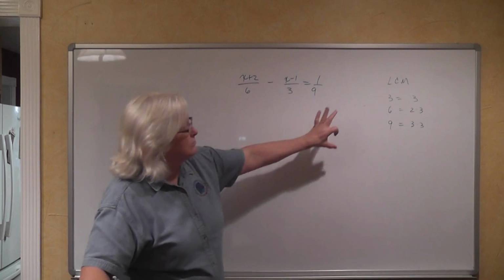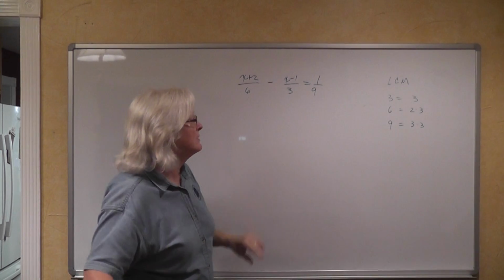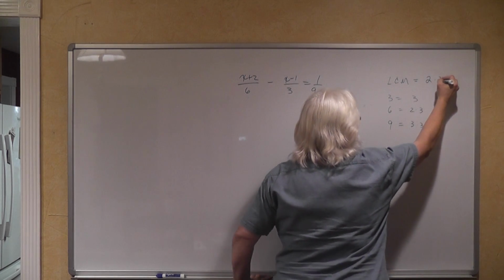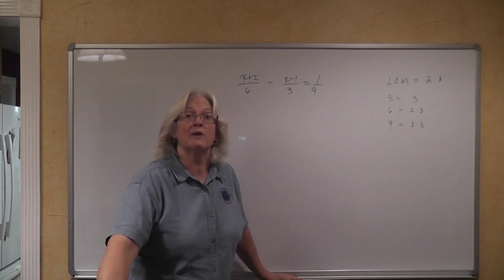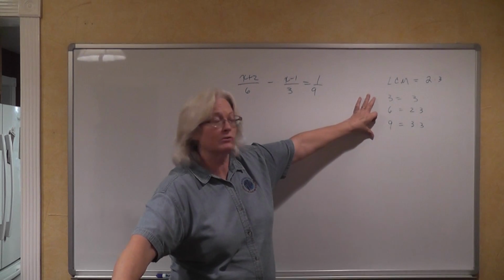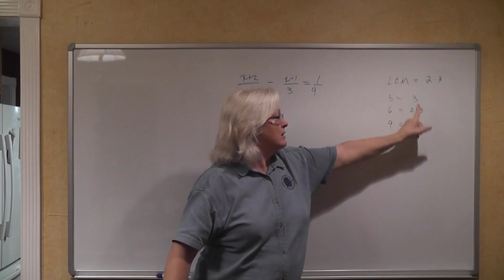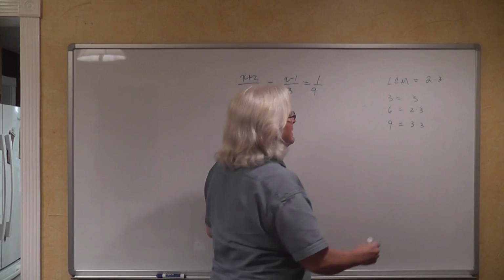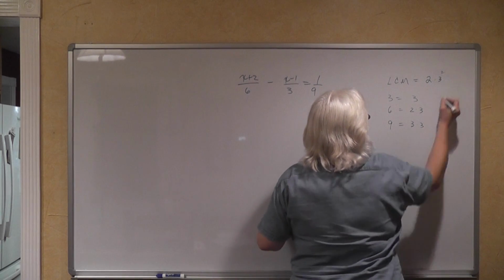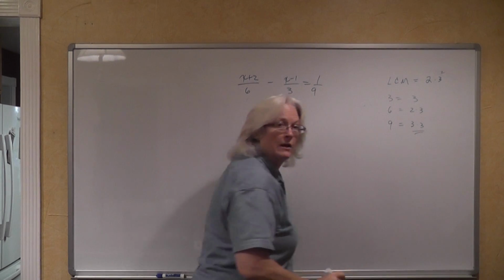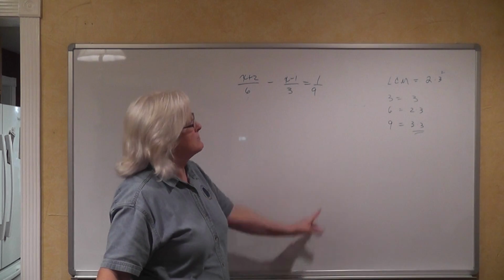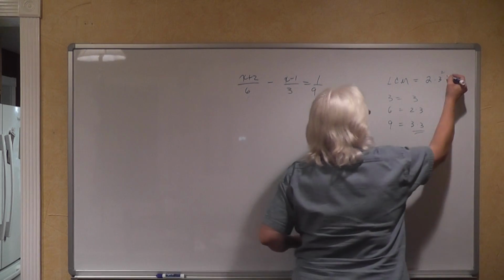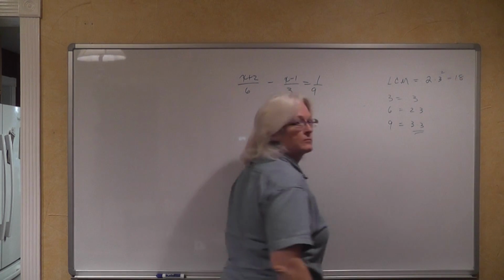How do we do it using our rules for least common multiple? The least common multiple is the product of each unique prime factor that shows up in the prime factorizations, each of those used the greatest number of times it appears as a factor in any one number. 3 is used as a factor twice in 9, so our least common multiple is 2 times 3 squared, which of course is equal to 18.